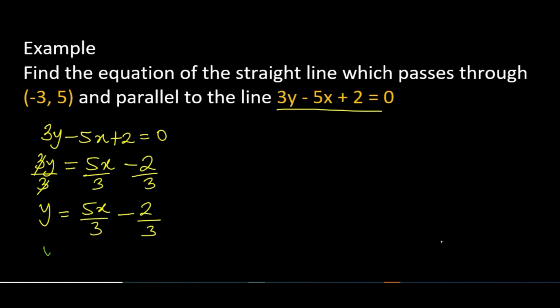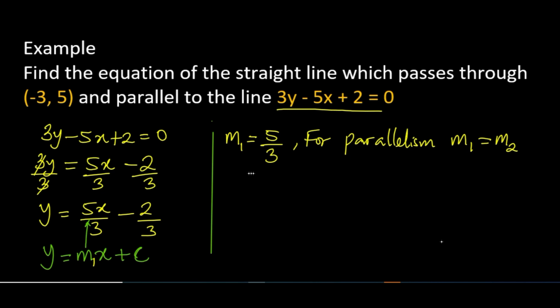So the equation of a straight line now, y is equals to mx plus c. The coefficient of x here, which is equals to 5 over 3, is our slope. So for parallelism, m1 is equal to m2. So m2, for the line we want to get the equation of, is also equals to 5 over 3, since it is parallel.